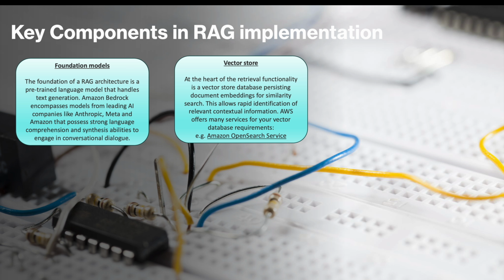At the heart of retrieval functionality is a vector store database persisting document embeddings for similarity search. To make it more simplified, in this use case, the user is going to upload a PDF document, where we are going to divide that PDF document into small chunks, and those chunks will be stored in a vector database as indexes. How we will do that, we'll see in the demo. But just make a note, there is something called the vector store where the data gets stored.